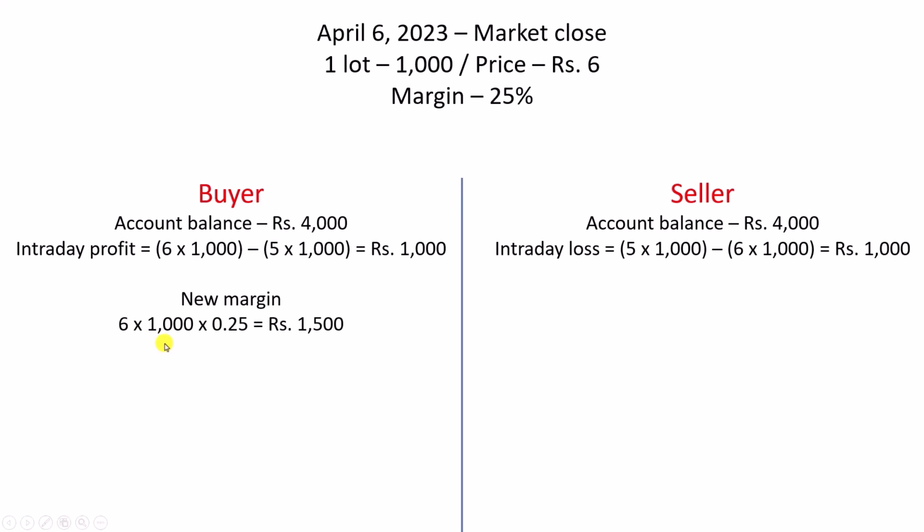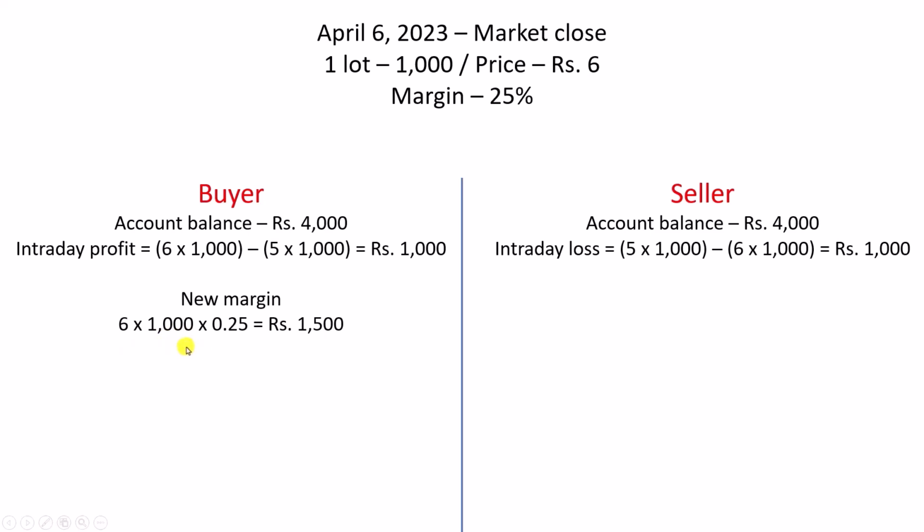Correct? But when you come to futures, you just have to pay margin. And margin is 25% here. So 6 into 1000 into 0.25. So rupees 1500 is required if you want to buy the Tata Motors future.